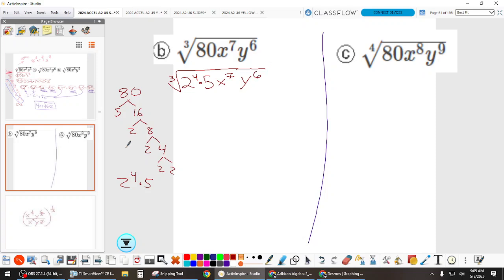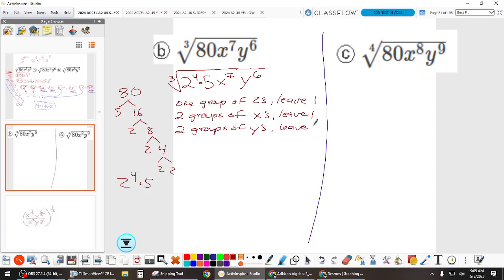How many have to be in a group to come out? 3 have to be in a group. So I can pull out one group of 2s and leave 1 in. I can pull out 2 groups of x's and leave 1, and 2 groups of y's and leave none.